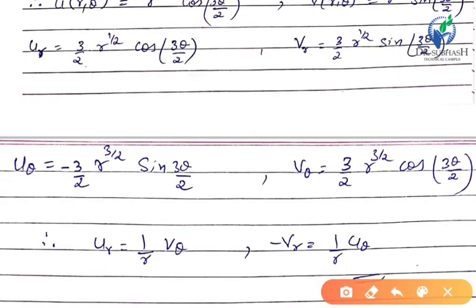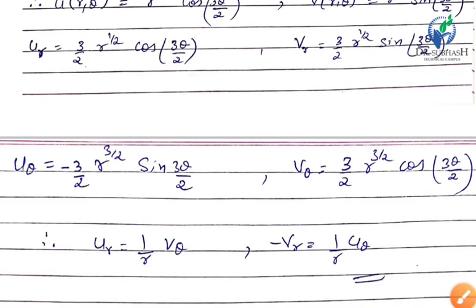See, I will get u_r as 3 by 2 r raised to 1 by 2 cos 3 theta by 2, and when I differentiate with respect to theta I will get minus 3 by 2 r raised to 3 by 2 sin 3 theta by 2. Similarly, v_r will be equal to 3 by 2 r raised to 1 by 2 sin 3 theta by 2, and v_theta will be equal to 3 by 2 r raised to 3 by 2 cos 3 theta by 2.